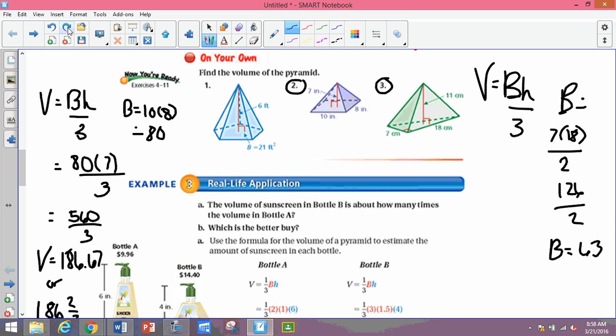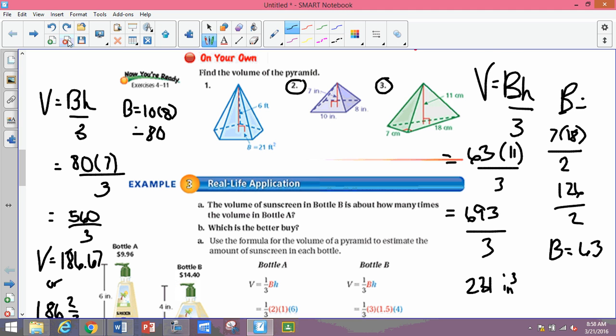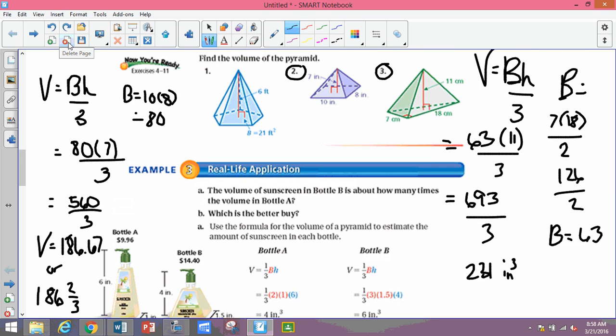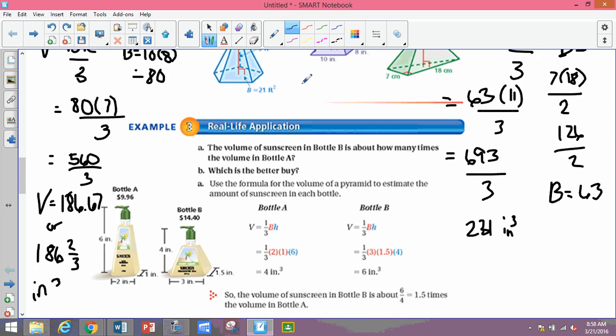So you put in 63 for the capital B. You multiply that times 11, the height of our pyramid, and divide that by 3. So 63 times 11 is 693. You divide that by 3, and you end up with 231 inches cubed. Now, if you got those right, you can move on. If not, you really need to go back and rewatch the video, okay?